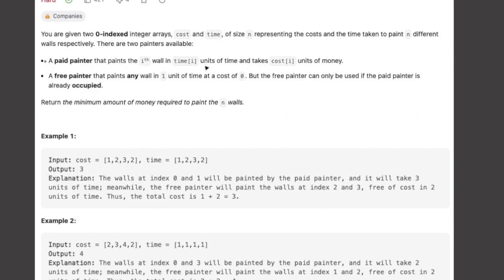If we want to brute force the solution, it's usually very helpful to think about what options we have every time. So in this case, we are looking at all the walls that we choose the paid painter to paint. For each wall, you can basically have two options, right?